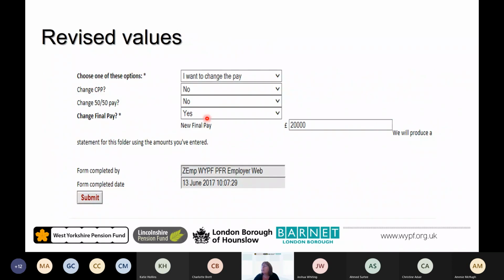On this one here, we've gone yes, we're going to change the final pay, and that opens up another box for you to put in the new pay figure. If you were changing the CPP, we don't want the difference, we want the total for the year, because that will override anything that you've previously given us. And then you simply submit it.